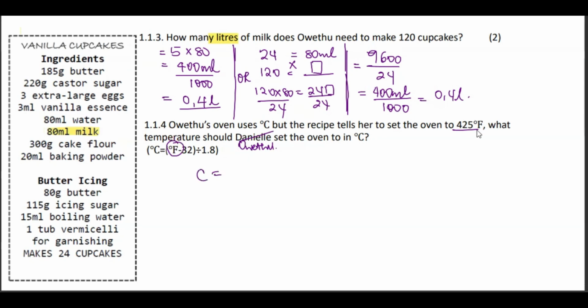So we shall get degrees Celsius equals open bracket 425 minus 32, everything divided by 1.8. Go ahead and do that. 425 minus 32, you end up having 393. Divide it by 1.8. You have the answer as 218 degrees Celsius.